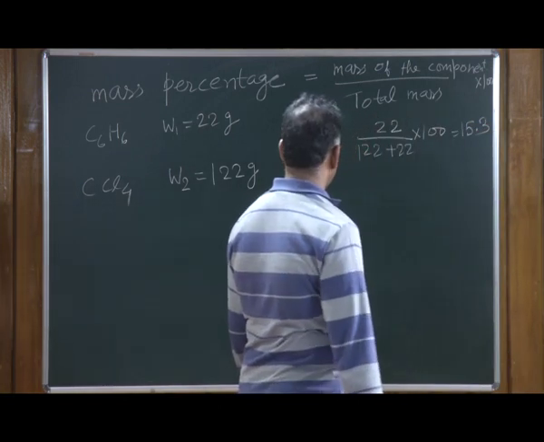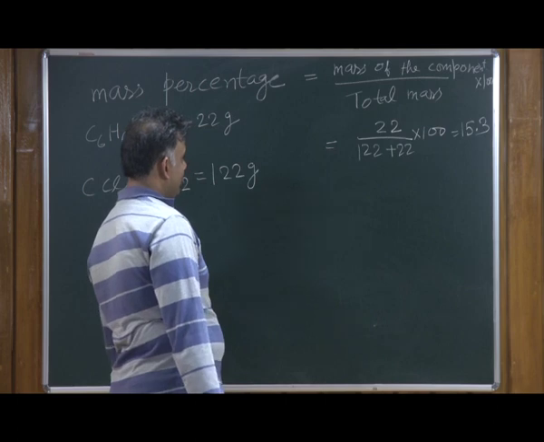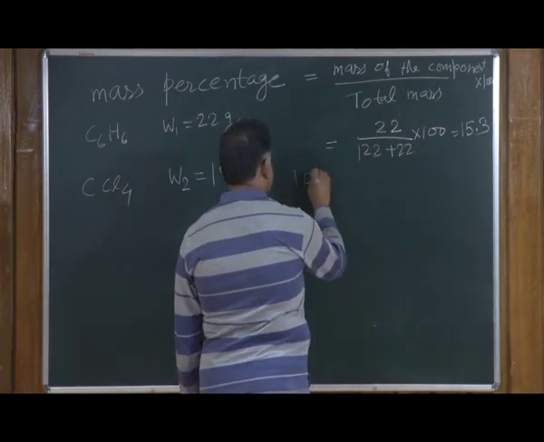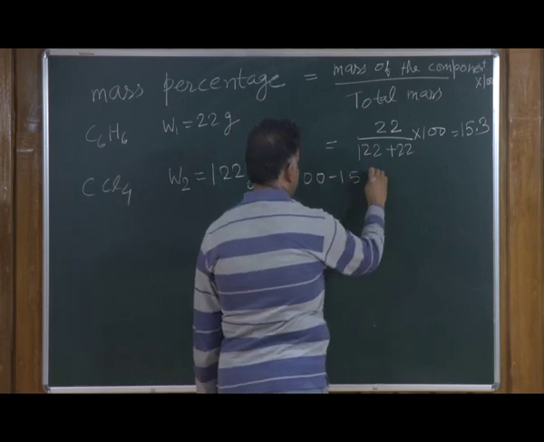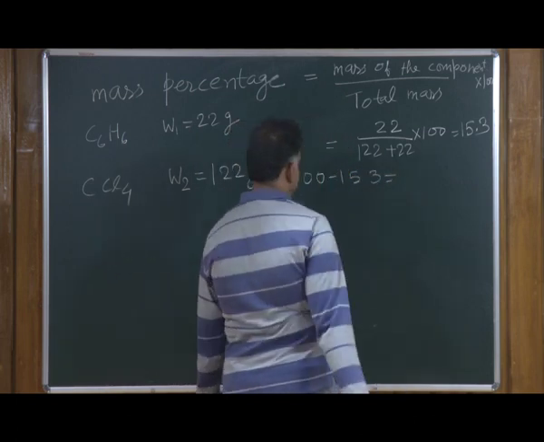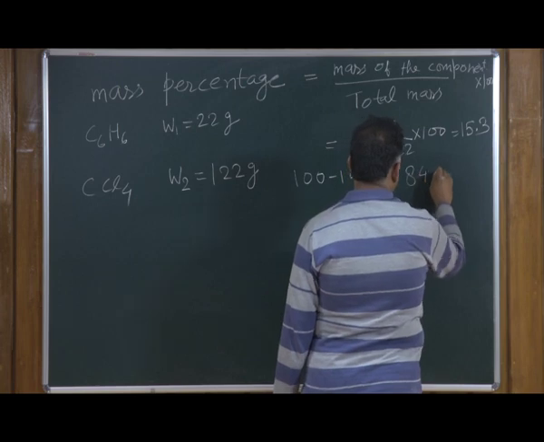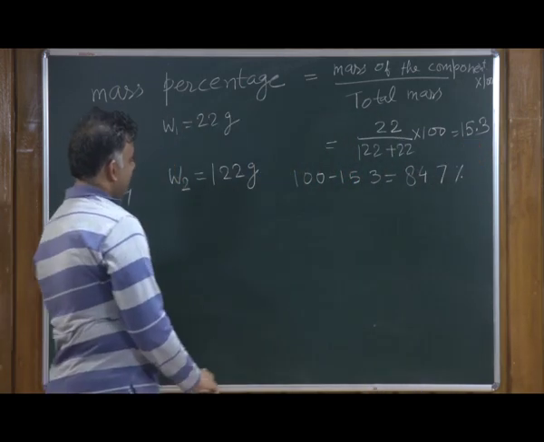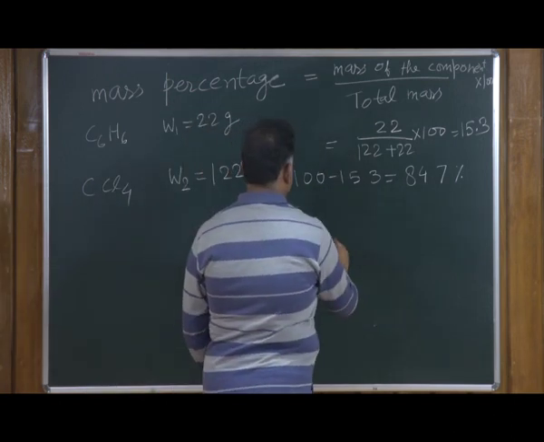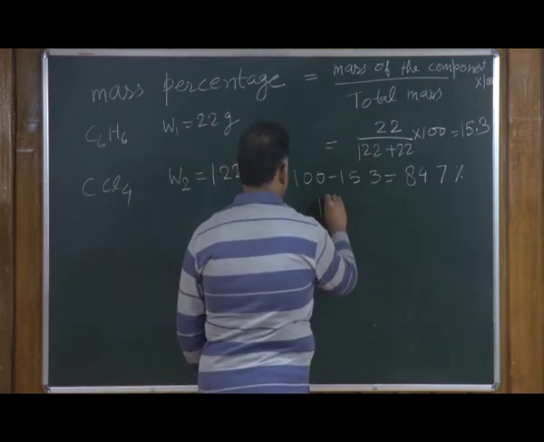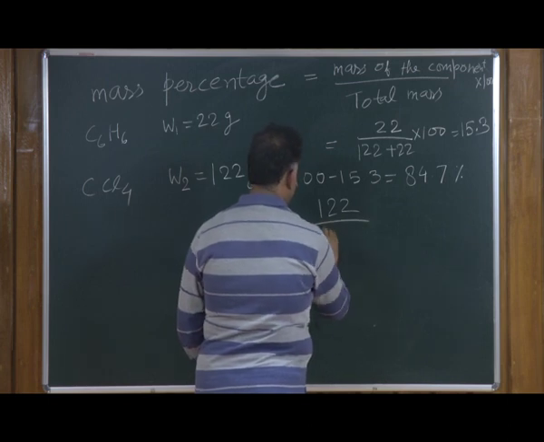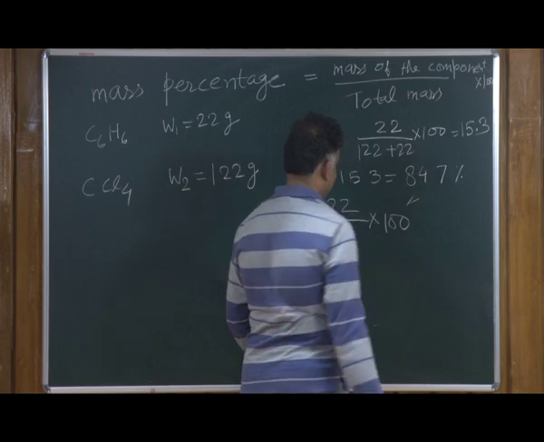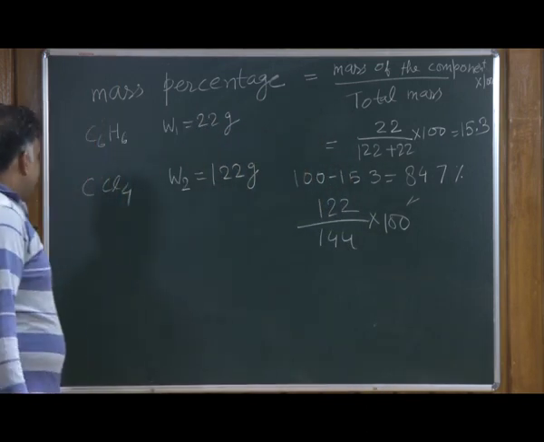And the mass percent of CCl4 can be simply calculated using either this formula or simply 100 minus 15.3, that would be 84.7%. One can check if I just calculate using the formula given, that is mass of the component, that is 122 divided by total mass 144 into 100, I am quite sure you will get the same value.